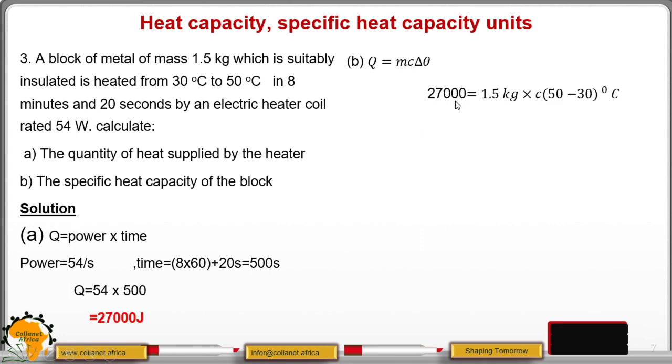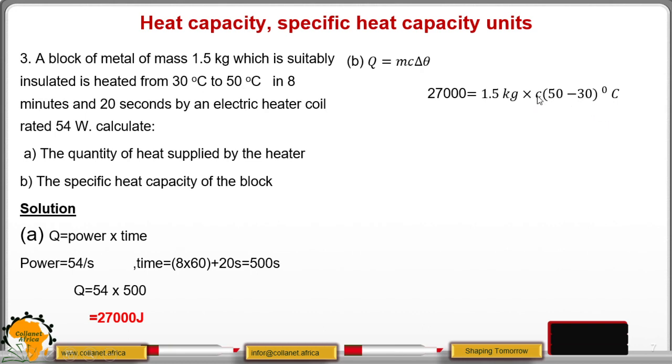So we substitute our values. We have this as the energy, 27,000. We have mass as 1.5 kg, and it is being heated from 30 to 50. So we can get the change in temperature.